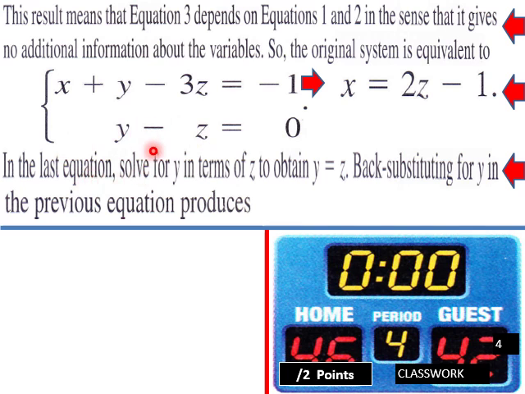So in the last equation, solve for y in terms of z to obtain y equals z. Back substituting for y in the previous equation produces x equals 2z minus 1. If y equals z, then x will equal 2z minus 1.